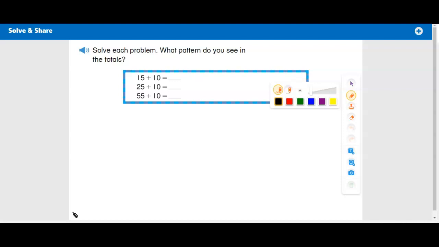When looking at a number chart, if you are looking in the column, as you move down it, your numbers are increasing by 10. As you move up your column, your numbers are decreasing by 10.